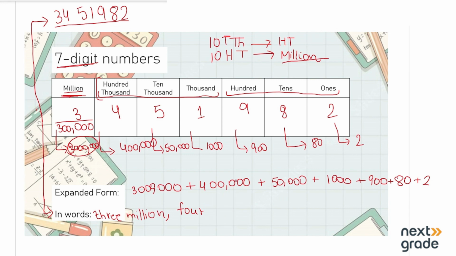Okay, so it's 451,000 and then फिर हम comma put करेंगे and then we write the next thing, and that is 982.